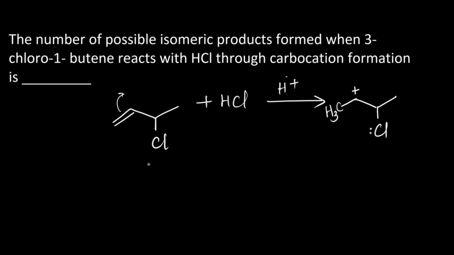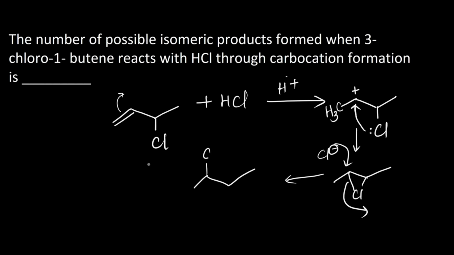As a next step, either this lone pair can take up the proton and the positive charge will look like this. Then Cl from the above side will attack to form the dichloro compound.